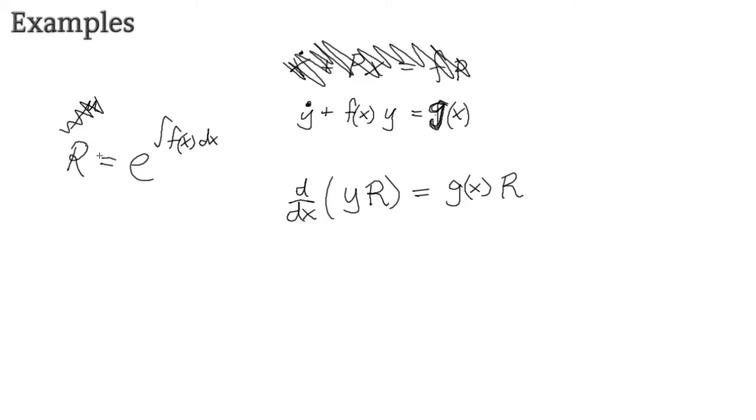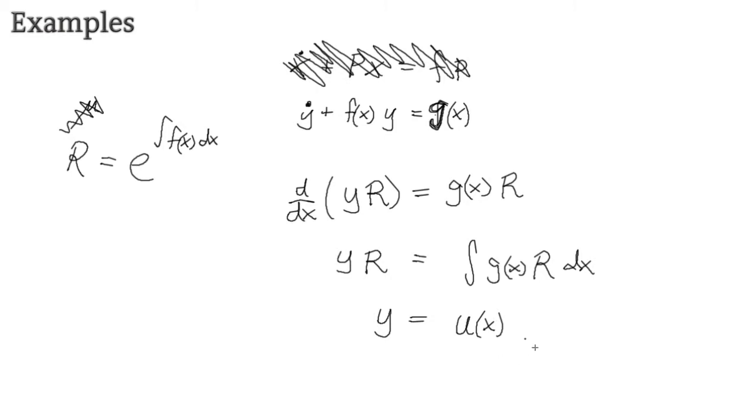So from this we can deduce that r is a function of x, and now we have a function of x on the right that we can integrate by dx, and that wouldn't be any problem. So we get that yr is the integral of g(x) r dx. And with that, we have this extra r that we divide, and we're left with the solution y equals a function of x, u(x), let's say.